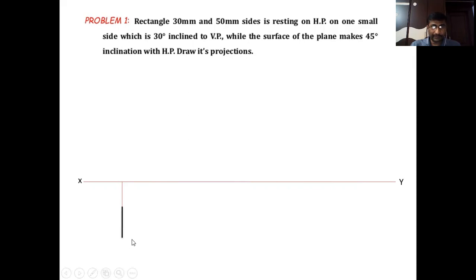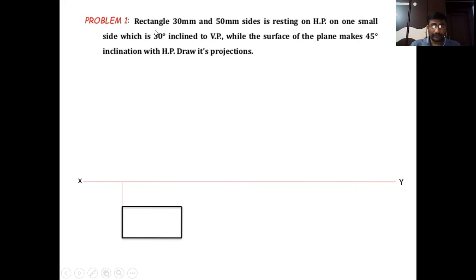With this 30 mm smaller side, we have to construct a rectangle. That means a longer side which is perpendicular to the smaller side. Draw the perpendicular to the smaller side and construct a rectangle like this, with the smaller side on that initial perpendicular line. Clear, students? This is the smaller side, 30 mm, and the longer side is 50 mm.